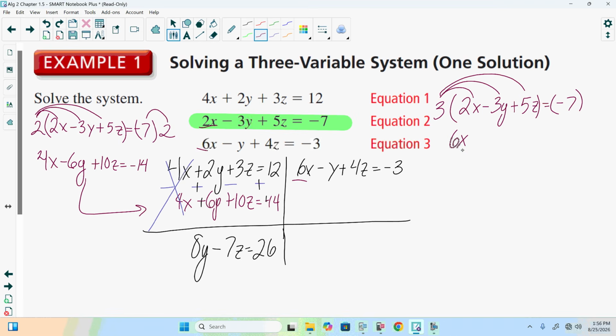3 times negative 3y. 3 times negative 3 would be negative 9y. 3 times 5z, 3 times 5, plus 15z. Negative 7 times 3 is negative 21. And again, just like with the adding, we could plug in the calculator 3 times negative 3, 3 times 5.